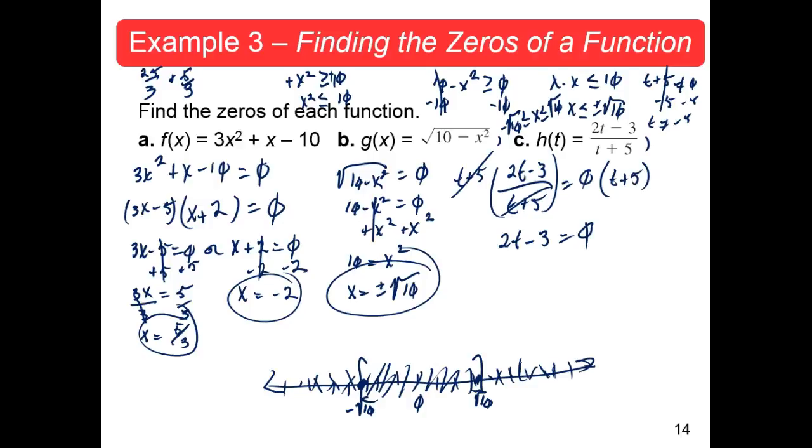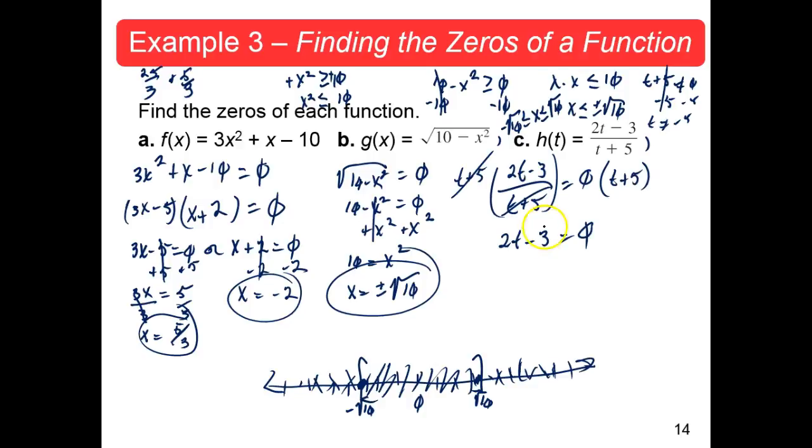Nothing over something will give you 0 unless that something is 0. 1 over something isn't going to be 0. 17 over something, negative 3 over something, none of them will. It doesn't matter what the denominator is, except it can't be 0 itself. So we could have jumped right to this. You have a fraction equals 0. That means the numerator has to be 0. You could have gone straight there without multiplying. So 2 ways to do it, but if you see that way best, go for it.